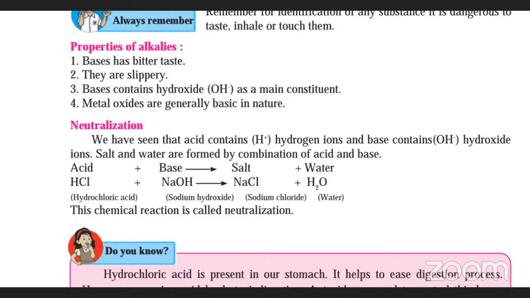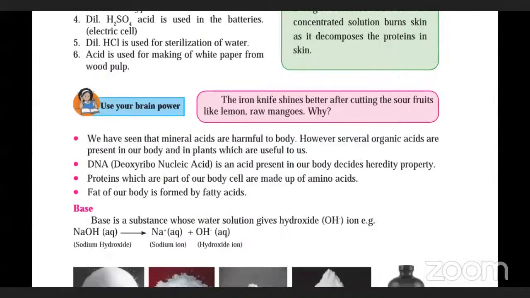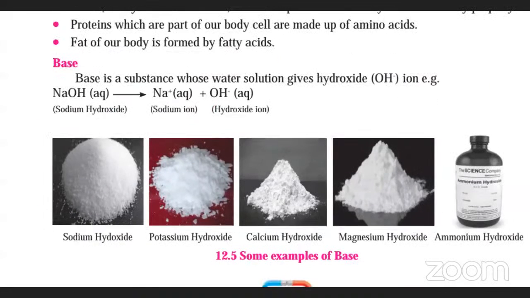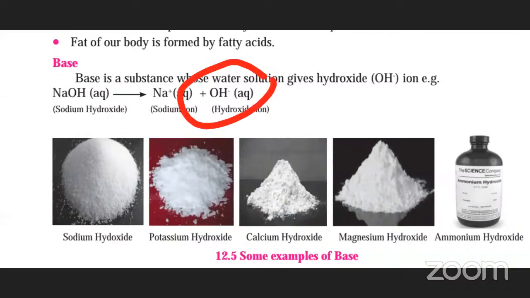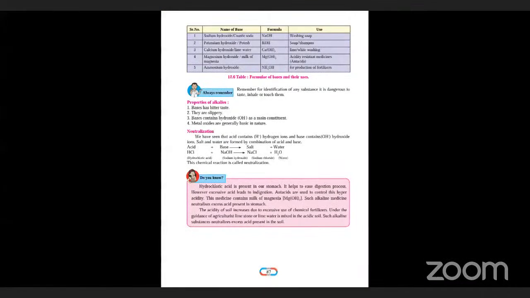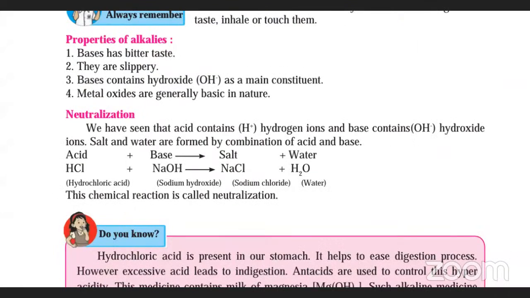Then in this reaction we have understood that bases dissociate into OH minus, which is known as hydroxide ion. Here also the same property has been given, that bases are getting separated into OH minus, that is hydroxide ion.